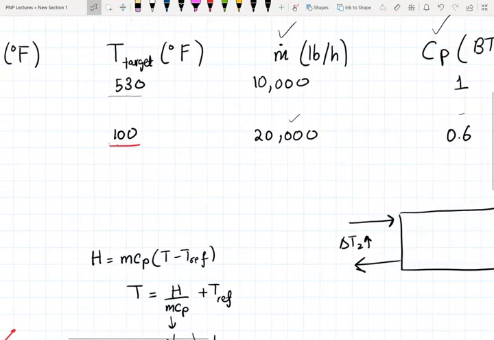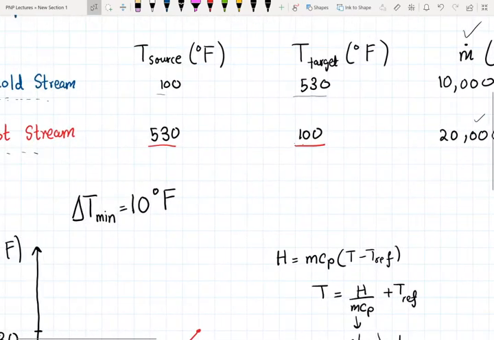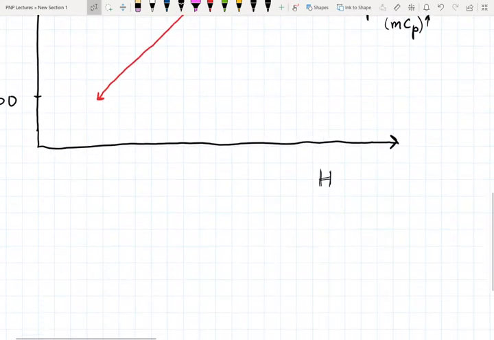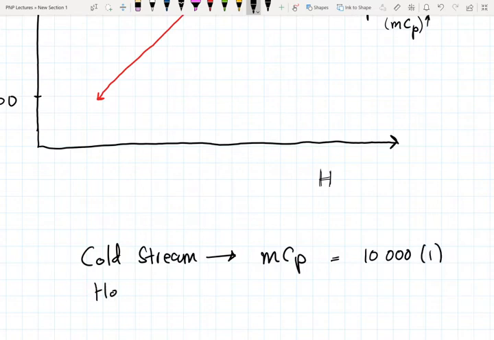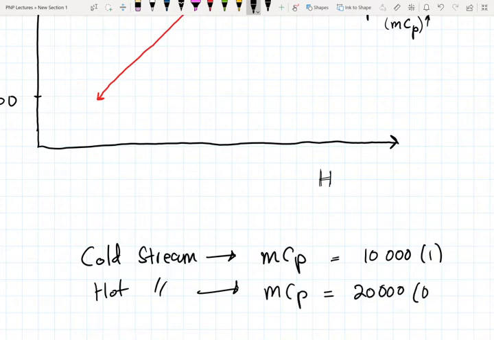Now for our cold stream, our mCp is going to be, for our cold stream, the mass flow rate times Cp is going to be 10,000 times 1, whereas for the hot stream, our mass flow rate times Cp was 20,000 times 0.6.